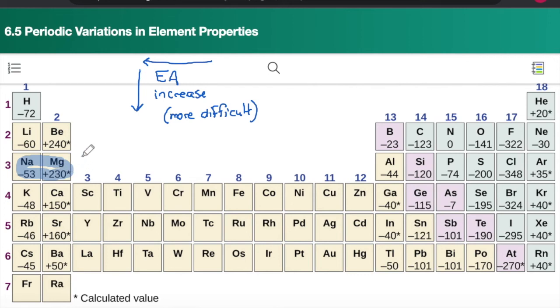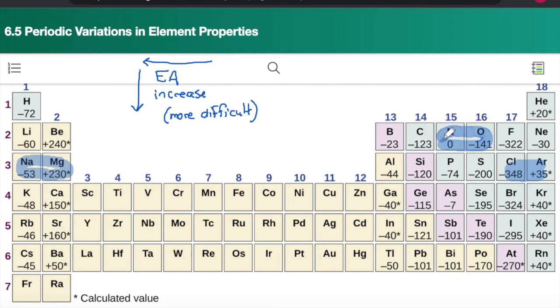It costs 230 kilojoules to try to do that. We also looked at the halogens versus the noble gases. Again, much more difficult to add an electron to argon. It costs 35 kilojoules per mole, whereas with chlorine, you get 348 kilojoules per mole out of doing this highly favorable thing. Giving it an electron is extremely good for it.